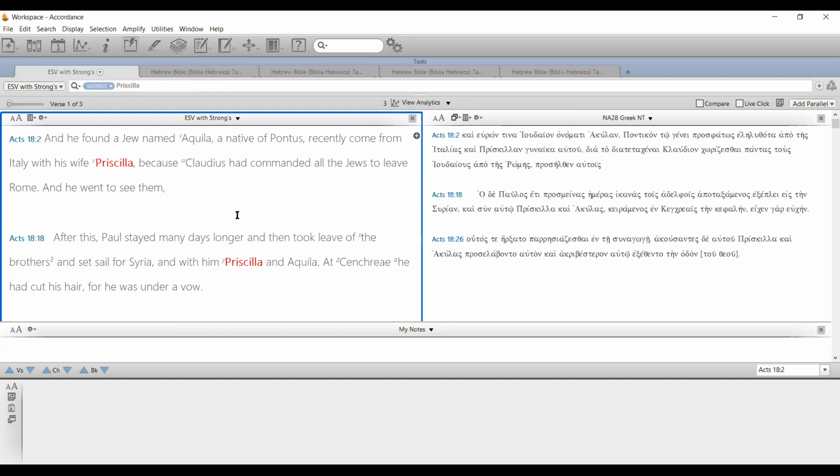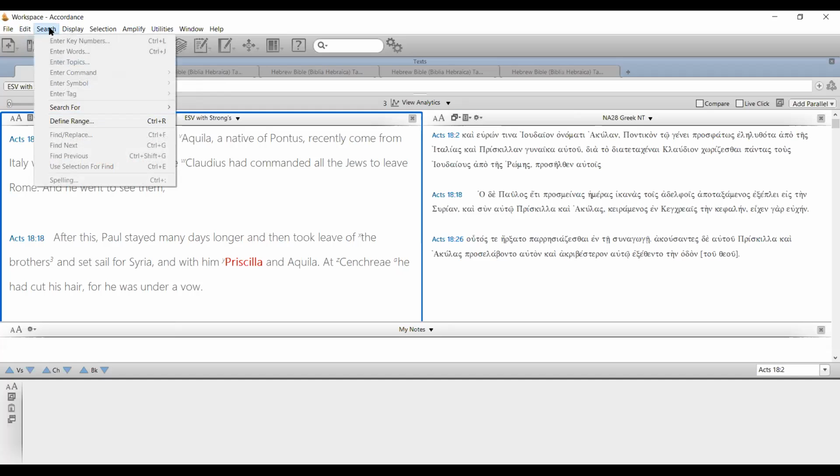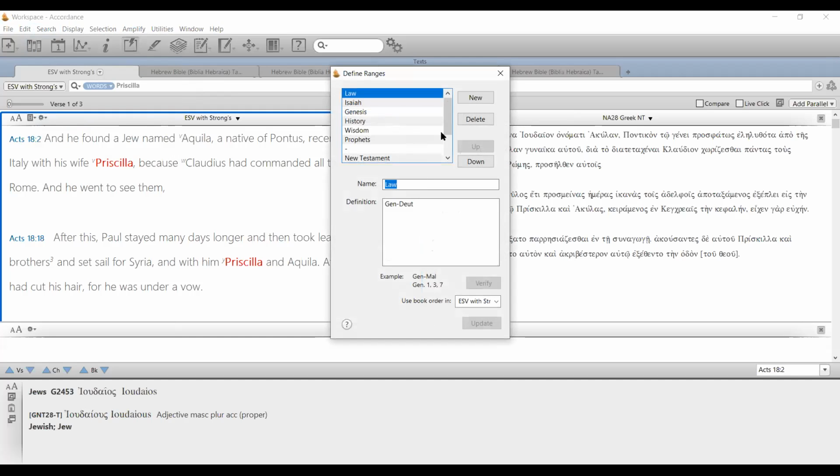Any other questions? Yes, please. How do you choose the range? Yeah, the range. Defined range. And here in defined range, you can just make a new one.